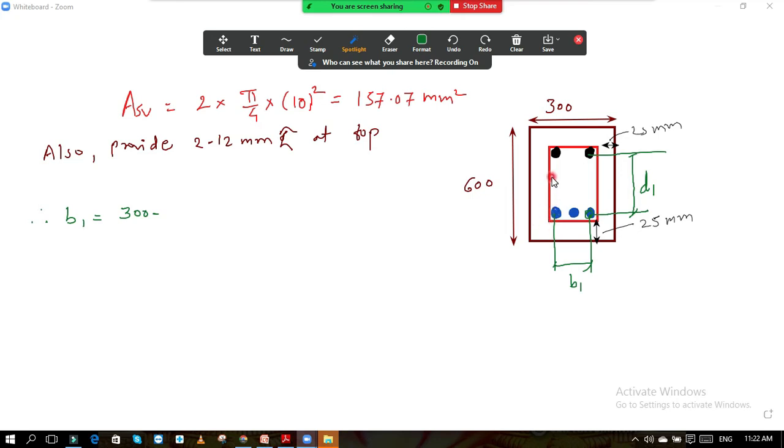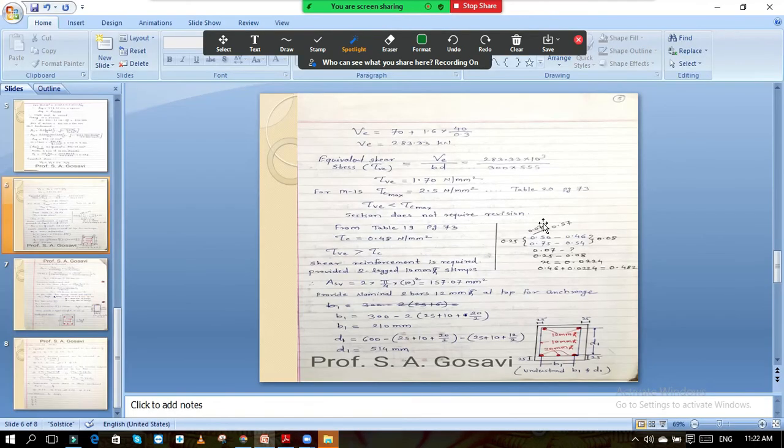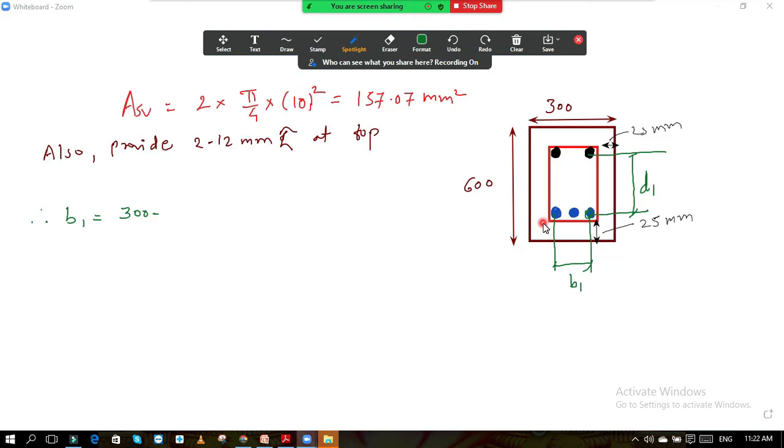That is 10. Bar means what? It is stirrup. The diameter of the stirrups is 10. Then we come inside. Then here is the bar of 20. Okay. Now we have to go to center of that bar. So we have to minus half of bar diameter again. Okay. Half of bar diameter again.